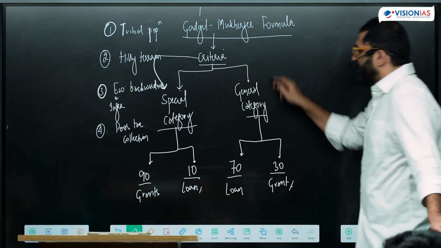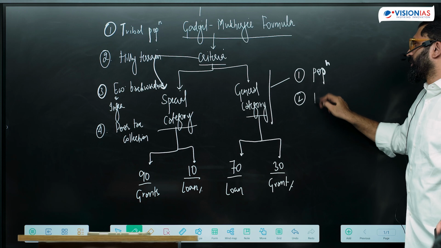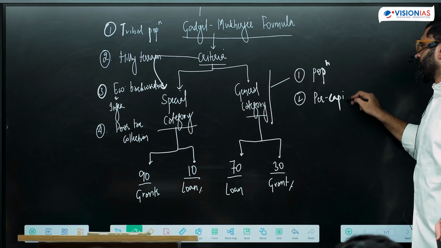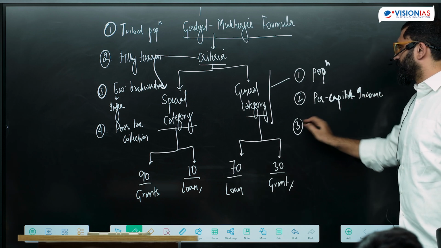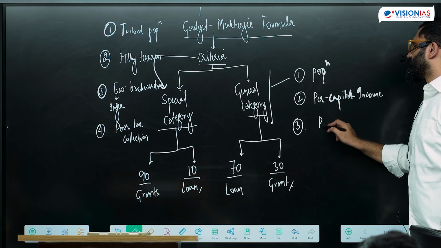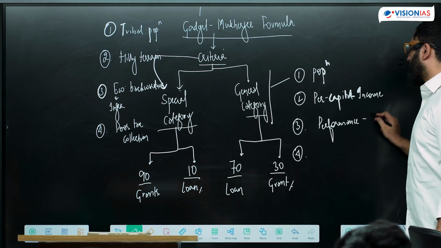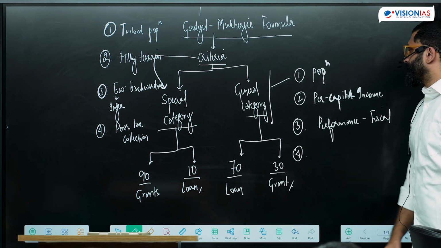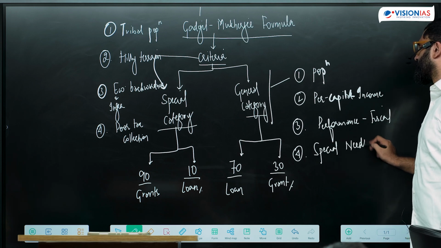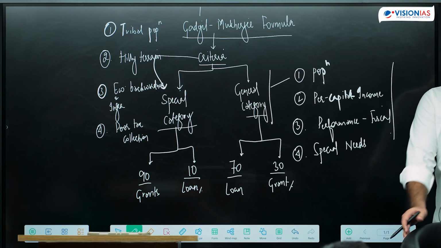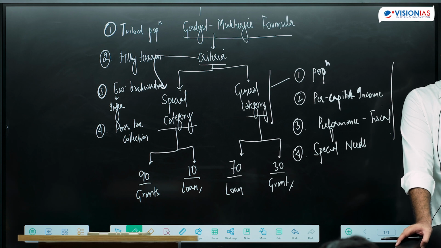They said, we'll divide amongst the general category based on these factors, and they had given weights to all of these. And special needs. This was the Gadgil-Mukherjee formula for determining special category and general category states.